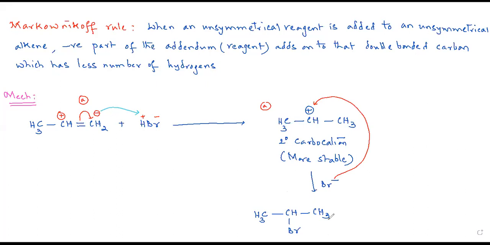So this is case 1, the possibility 1, which is giving us the major product according to Markovnikov. Now check out the other possibility. This may even go in a different way. Let this be the possibility B.